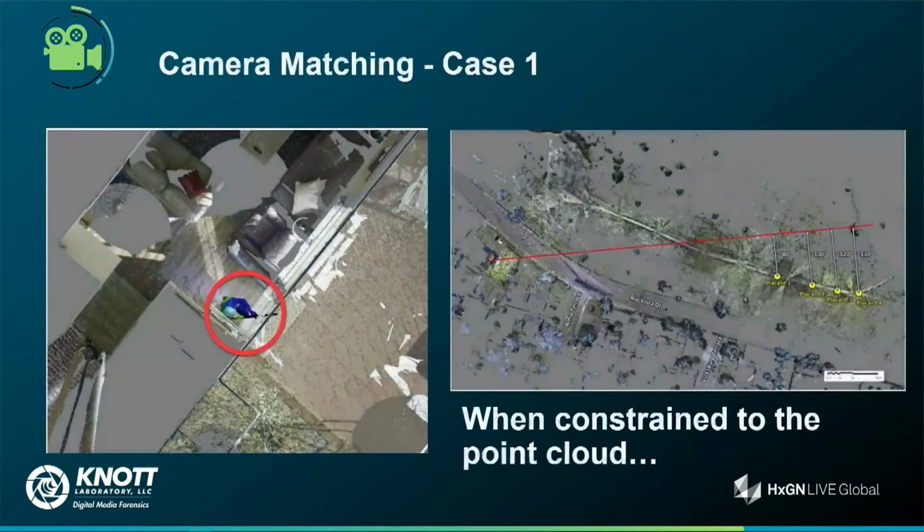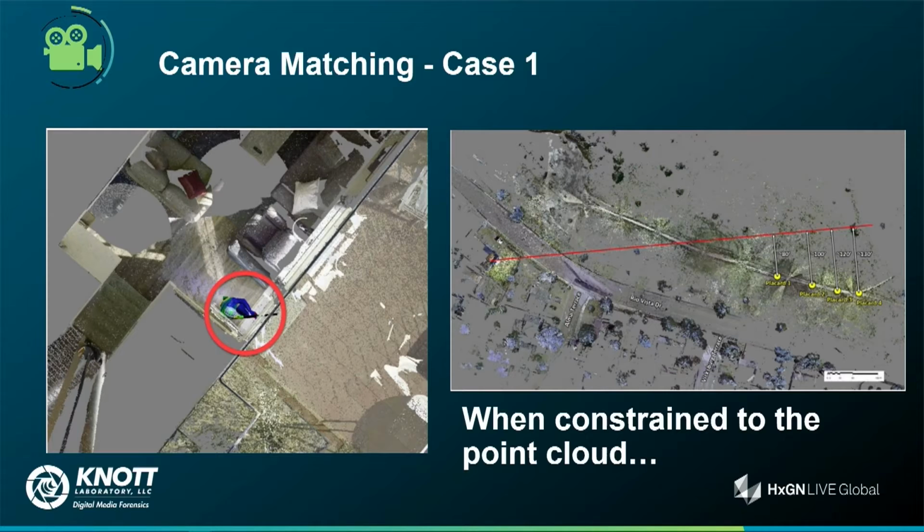When we put all of that together, and we've established where that firearm is pointed, and now we constrain that to the point cloud. You can see on the right side here the photographs that show the additional point cloud data that was downrange from the backyard of this residence.